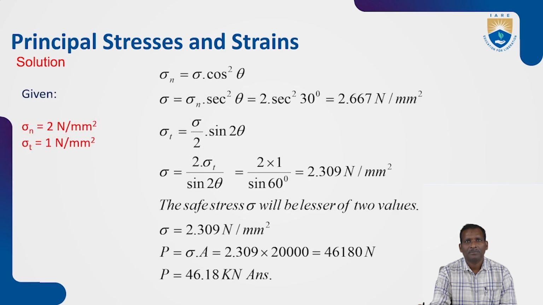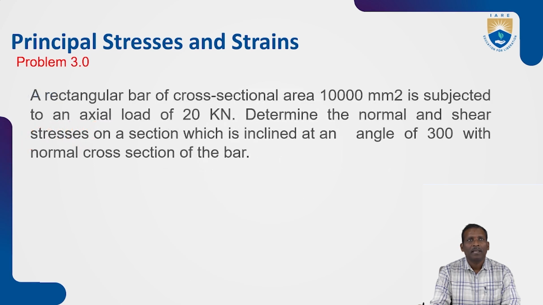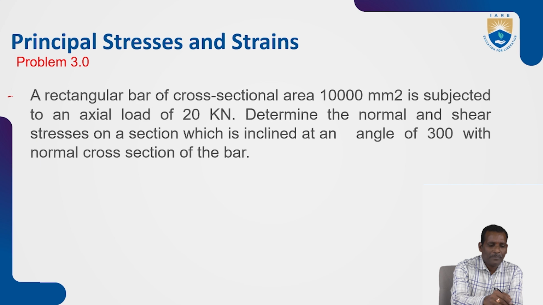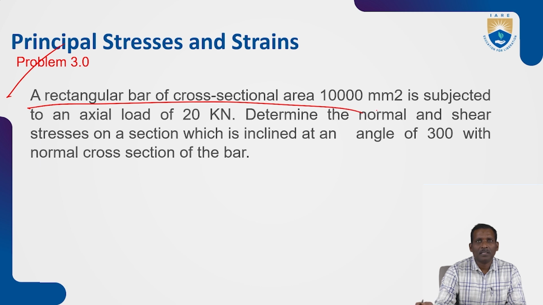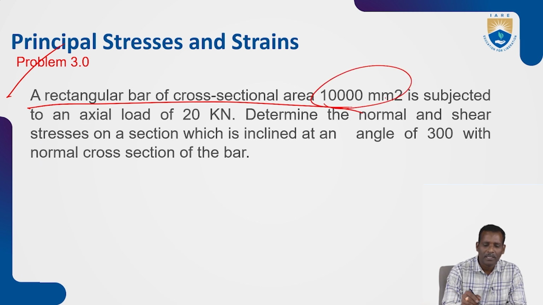Next one is the third problem. A rectangular bar of cross sectional area 10,000 mm square is given.